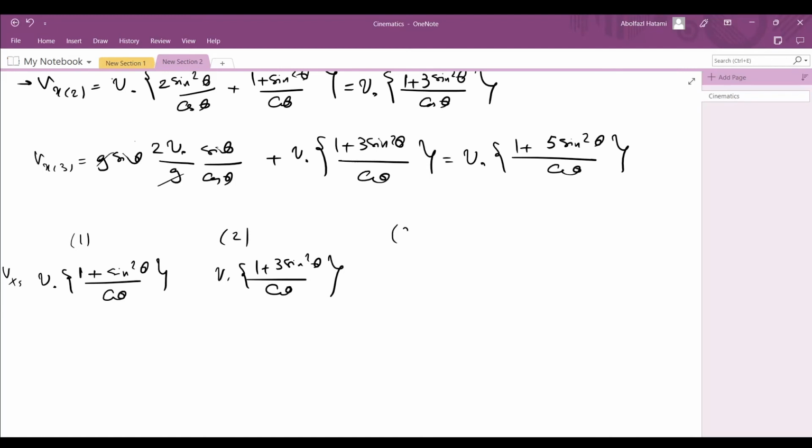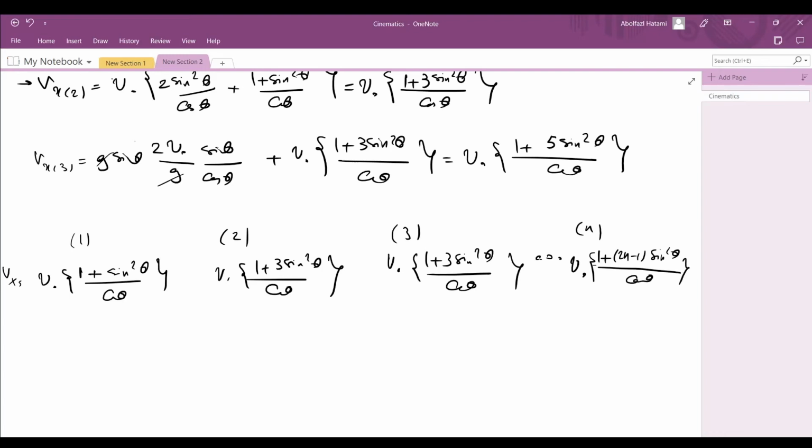After the third collision, 1 plus 5 sine square of theta divided by cosine of theta. So after the nth collision, you can obtain that it is going to be v0 times 1 plus 2n minus 1 sine square divided by cosine of theta. If we substitute n by, for example, 2, we obtain 2 multiplied by 2 is 4, minus 1 is 3. It's obviously this, and it's true.